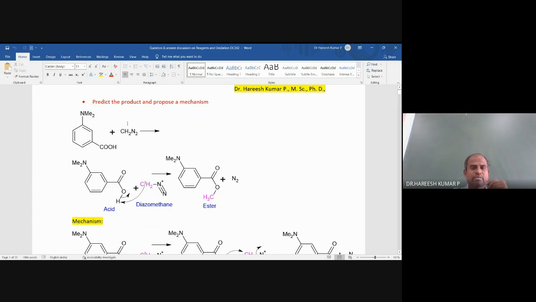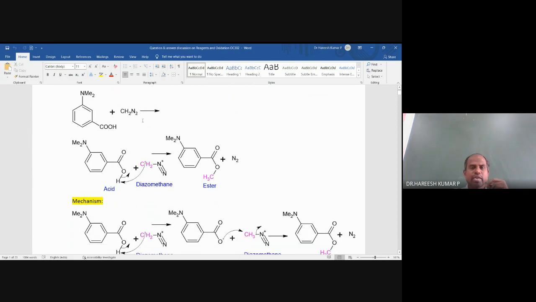When it is treated with diazomethane, here there will be a question mark. So what you need to do? You need to predict the product and write the mechanism. To predict the product, you can write diazomethane as CH2 minus, N plus, triple bond N. Here CH2 minus can act as a nucleophile. That is the reason it can pick up this proton.